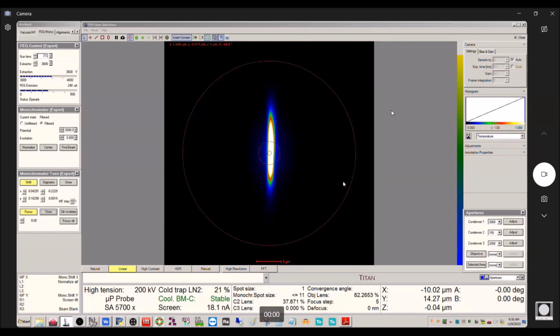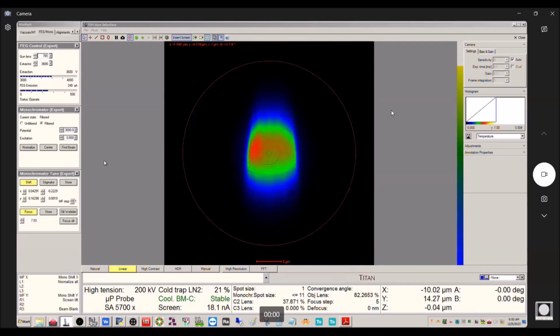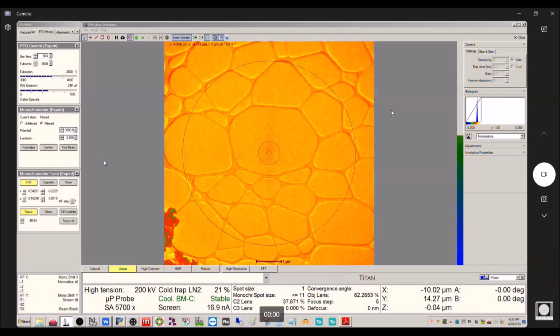We will be defocusing this though when we do the next thing, which is head into STEM mode and then tune up the STEM image. In fact, what we can do now is spread this out here because I want to find some particles.